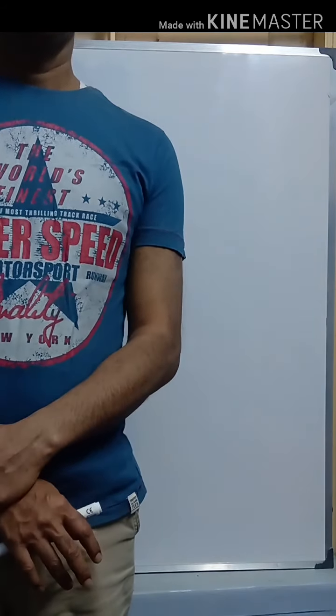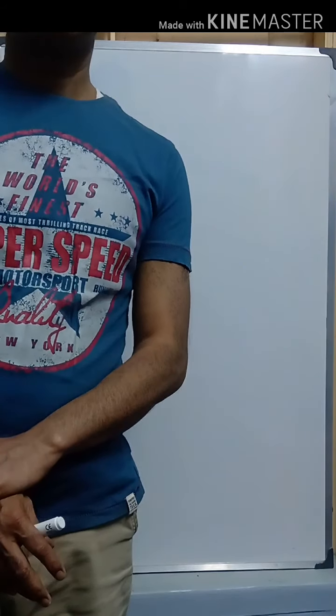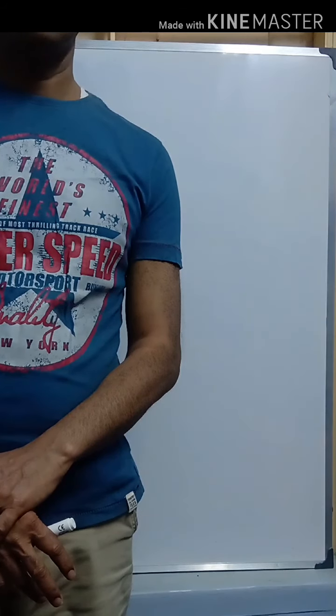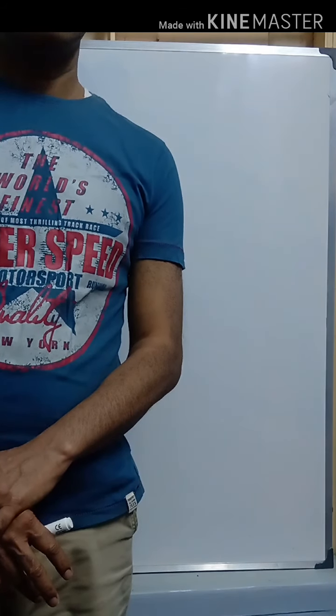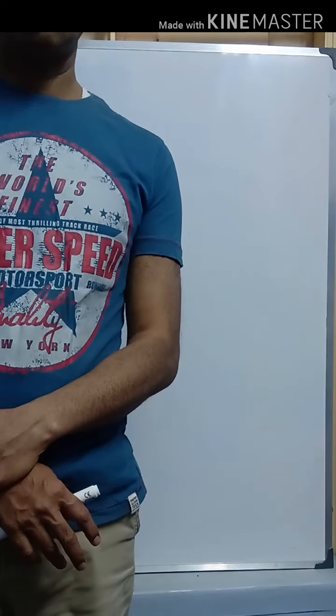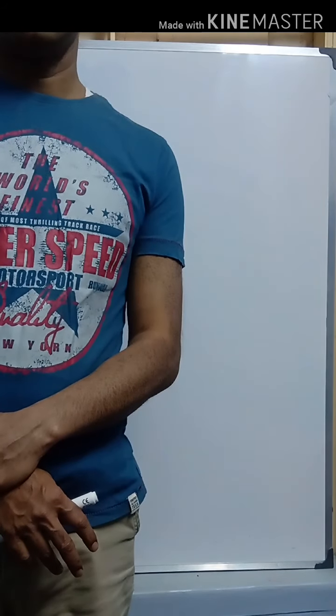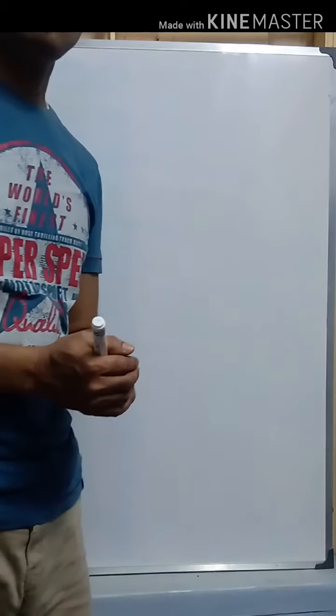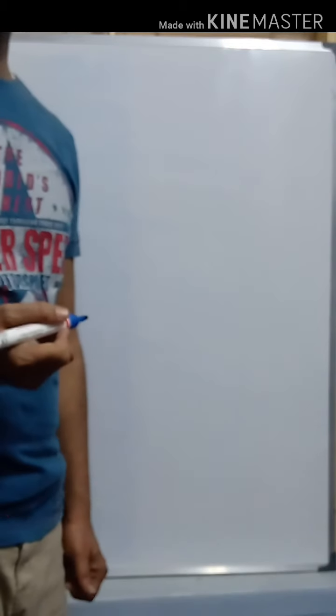I would like to go on to calculate the magnetic torque on a current carrying loop. Today's topic is calculation of the force and the torque on a current carrying loop or on a magnetic dipole.